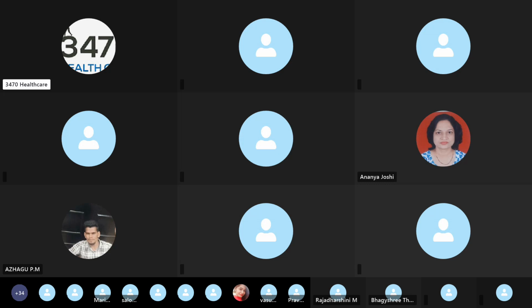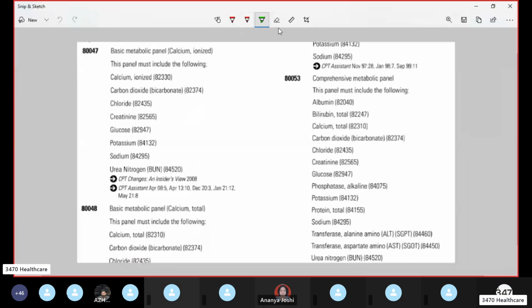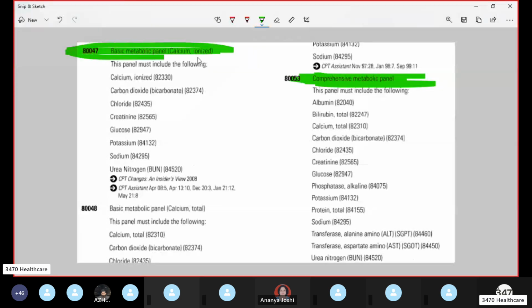Okay. Now you can tell. I have given two panels, right? The two panels are the comprehensive metabolic panel, CMP, and the basic metabolic panel, calcium ionized. Please compare these two panels and give the correct answer.